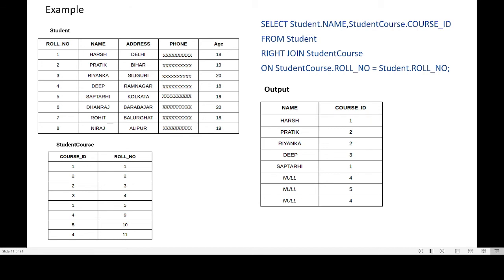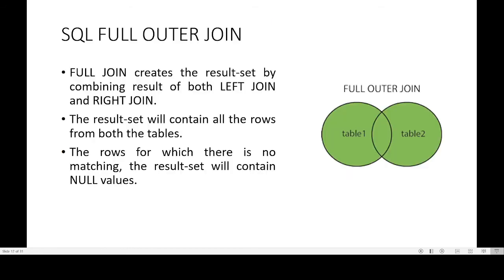The course IDs corresponding to 9, 10, 11 are 4, 5 and 4. We have already entered those, but we don't have any data from the left table because it doesn't exist. So there we will be entering null. So this is the result of the right join for this particular example.